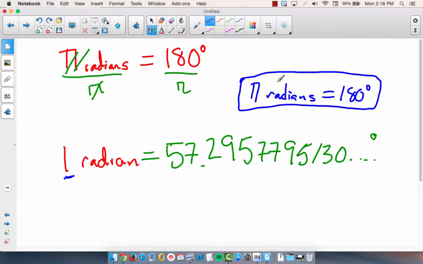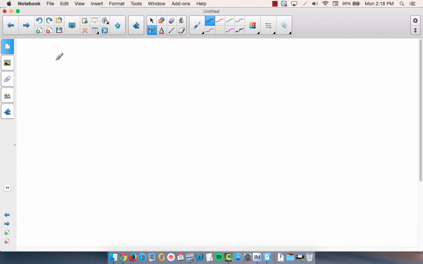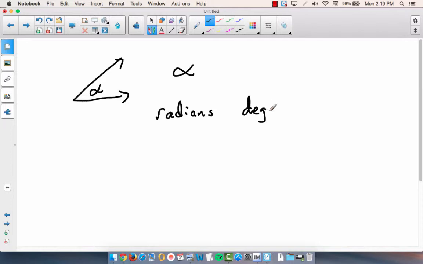Let's do a little summary here. If we have an angle, we can measure that angle in 2 different units. Maybe you could argue 3. So here's an angle. Let's call that measure alpha. Alpha can be measured in radians, it can be measured in degrees, and it can be measured in degrees, minutes, and seconds.